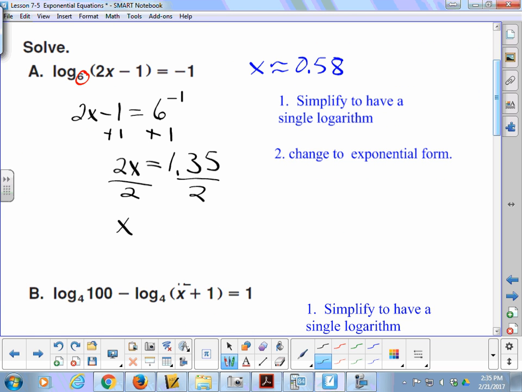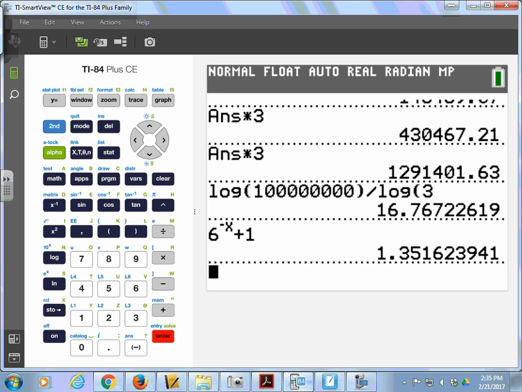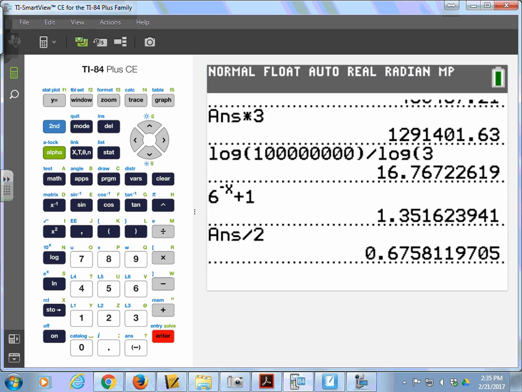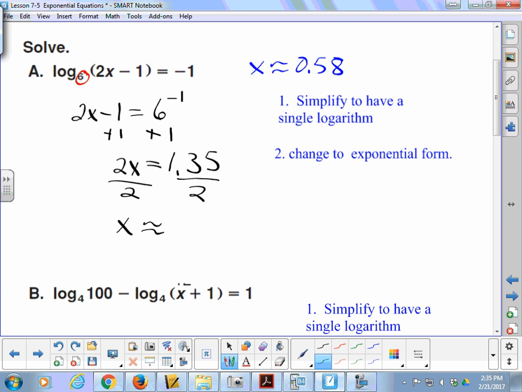So we get x is approximately 0.68. So all we're going to be doing is using the properties of logarithms and the properties of exponents to solve these equations.